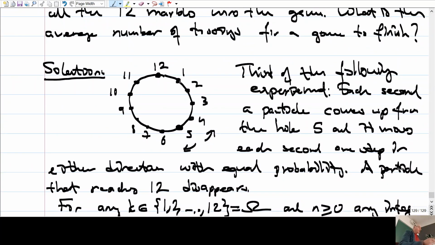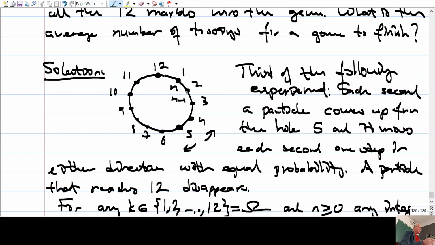Okay. At the nth second, I want the particle to be at this point. So at the second n minus 1, it is either here or here, but if it is here, then it cannot come here because it disappears.